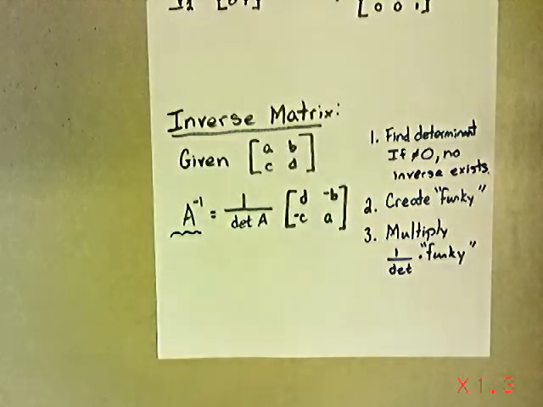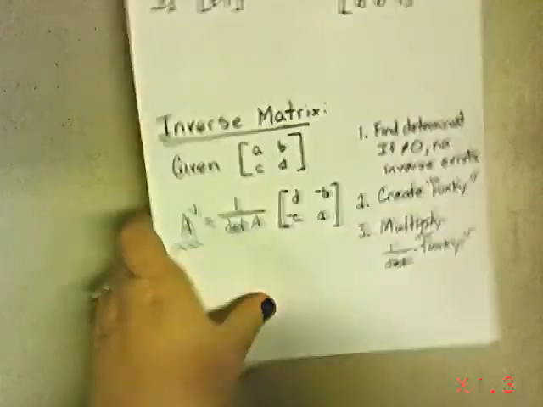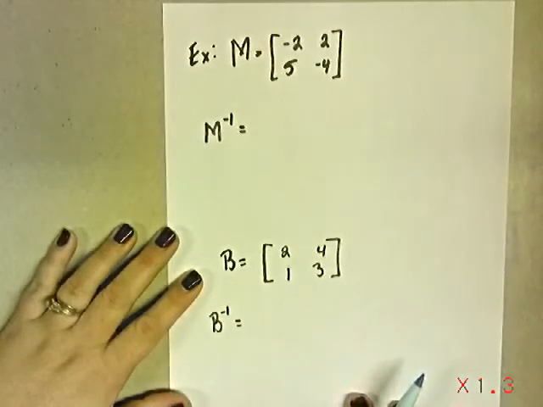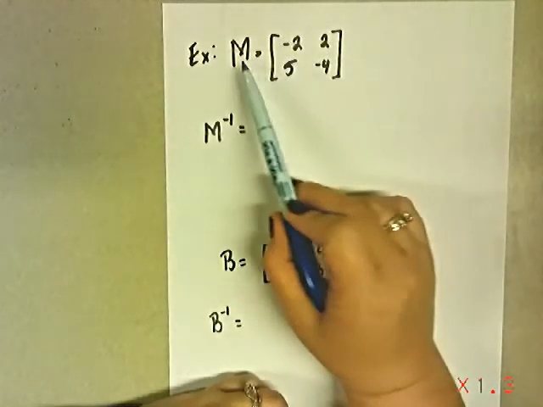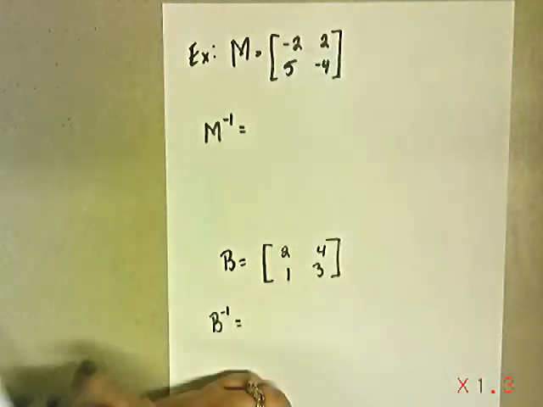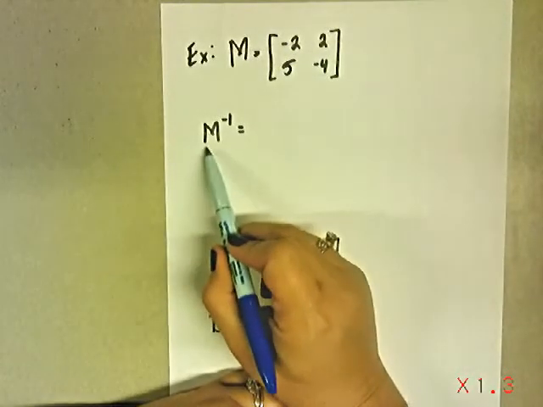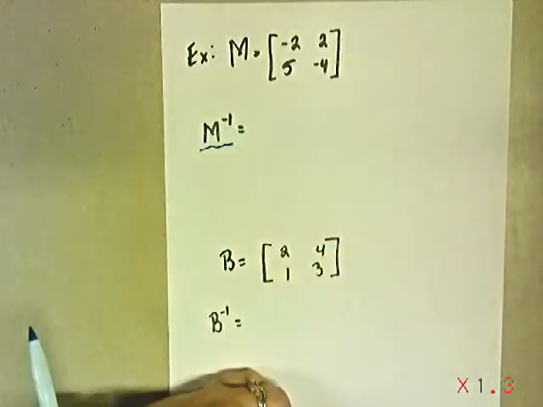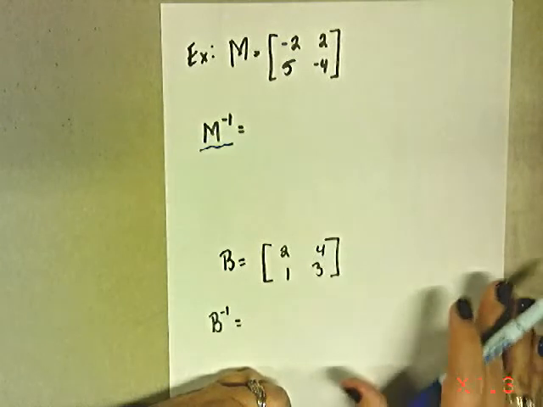Okay, so let's do an example. If I give you the matrix M, -2, 2, 5, -4, and this is the problem that you're given, then that means they want you to find the inverse of matrix M, right? That's what that notation means.